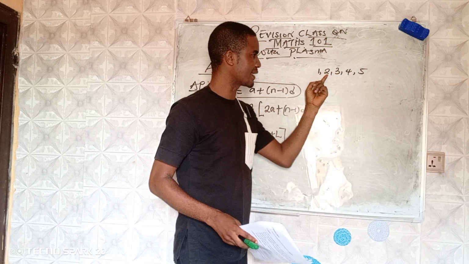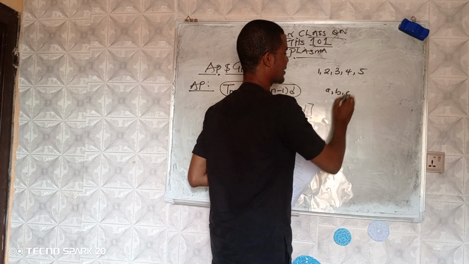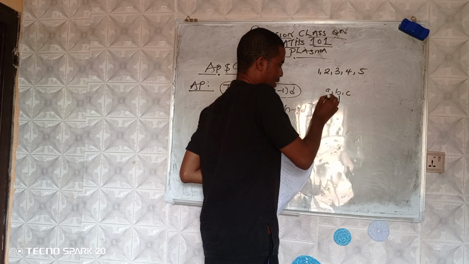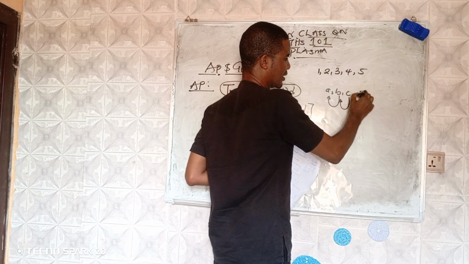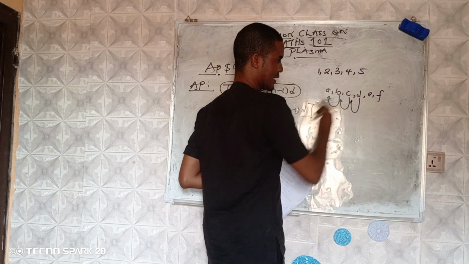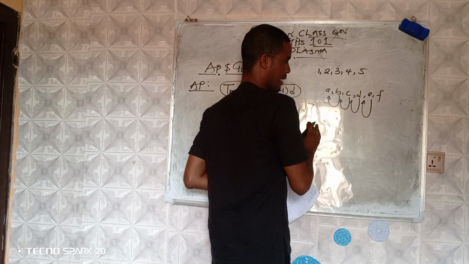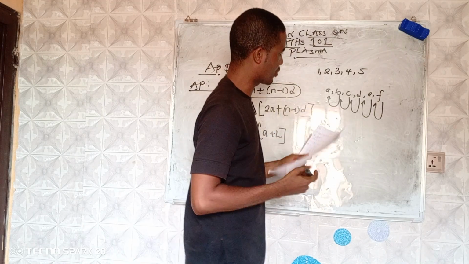So when you take the example, you have a, b, c. b minus a must be equal to c minus b, must be equal to d minus c, must be equal to e minus d, must be equal to f minus e. That's what we are trying to say.